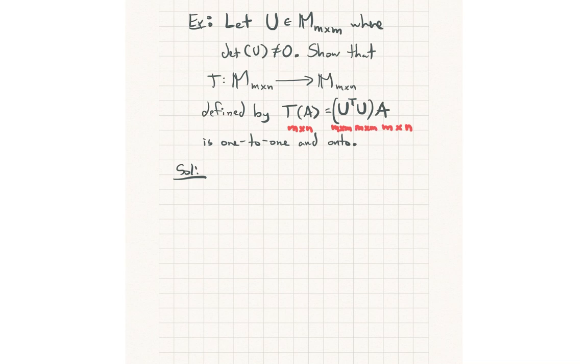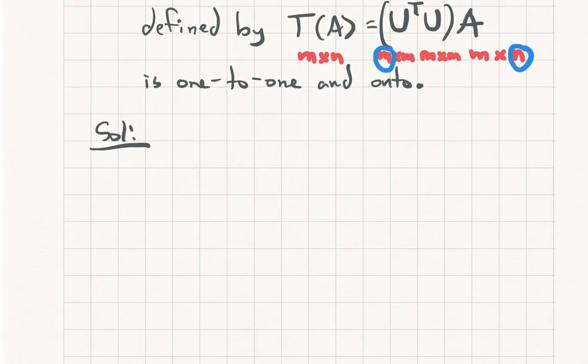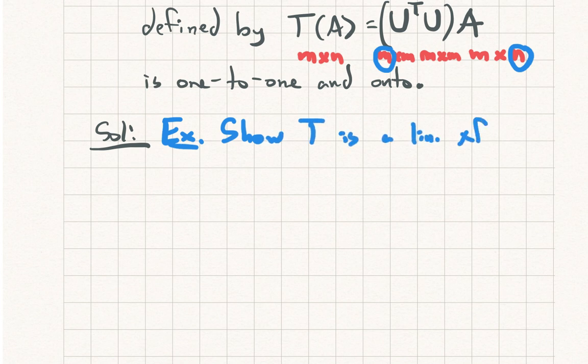So it looks like all of the inner dimensions match. So this multiplication makes sense, and we'll end up with an m by n matrix, which is exactly what our codomain is. So this looks good. All right, so let me zoom in here. And maybe I'll leave as an exercise for you guys to show that T is indeed a linear transformation.